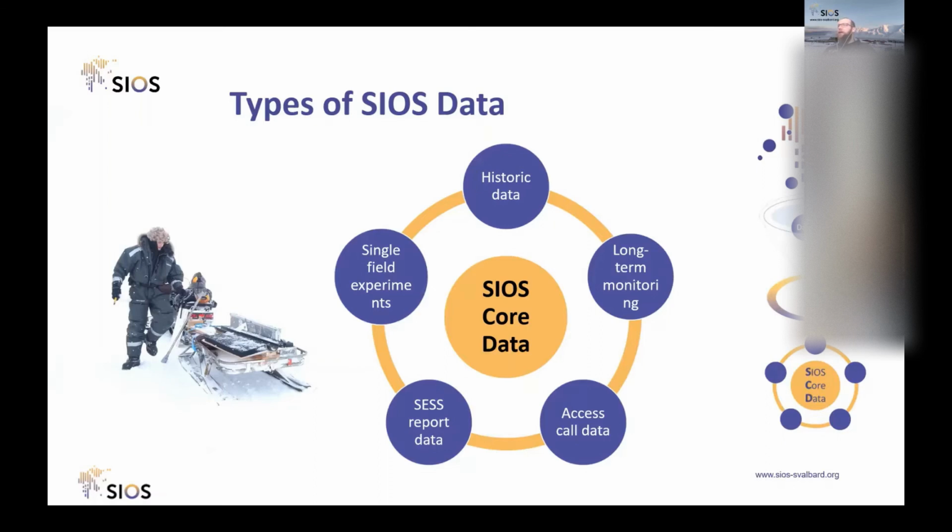So you can see that we have different types of data sets in SIOS. It could be historical data, long-term monitoring data, data sets from single experiments, and data connected to the SESS report and access core data. And this data from the SESS report and access core are usually data from monitoring or historical data.